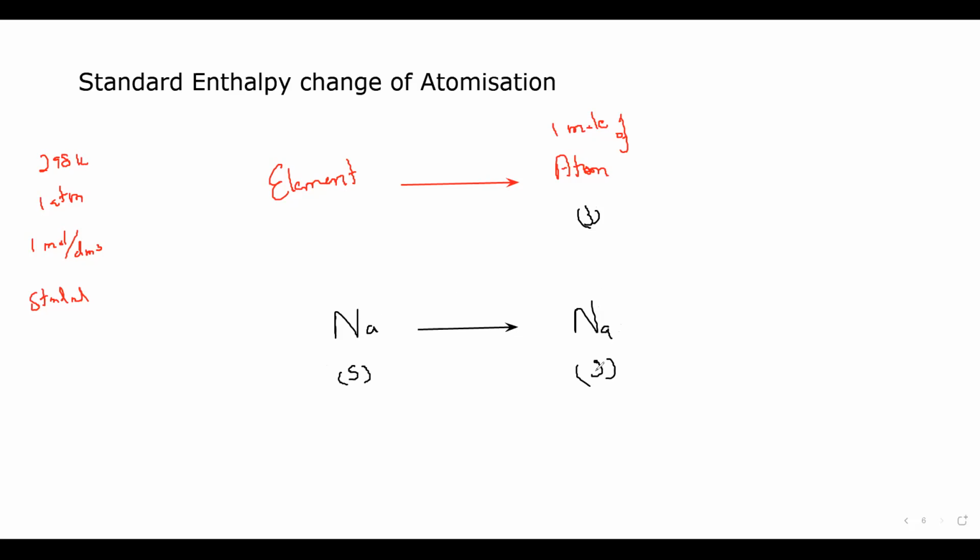We call that atomization. So sodium solid, we produce sodium atoms, 1 mole of sodium atoms. The enthalpy change is denoted by ΔH. If conditions are standard, then we use this symbol. Because it is atomization, we use letter A. For formation we use letter F. For atomization we use letter A. And this is atomization of what?